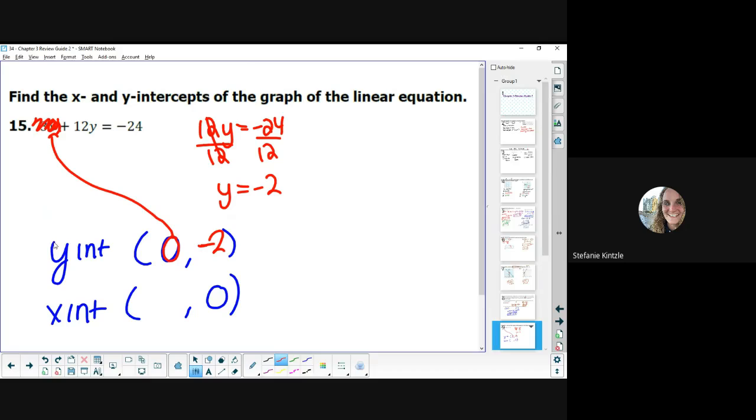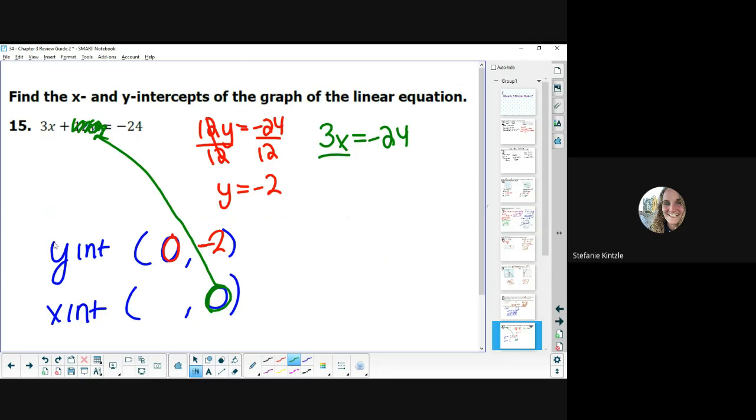All right, next, for the x-intercept, y is 0. So let's plug in 0 for y. 12 times 0 is 0. So now we're solving 3x equals negative 24. Divide both sides by 3, and we get x equals negative 8.